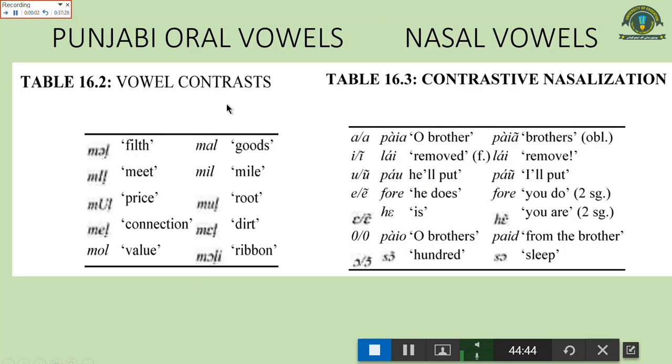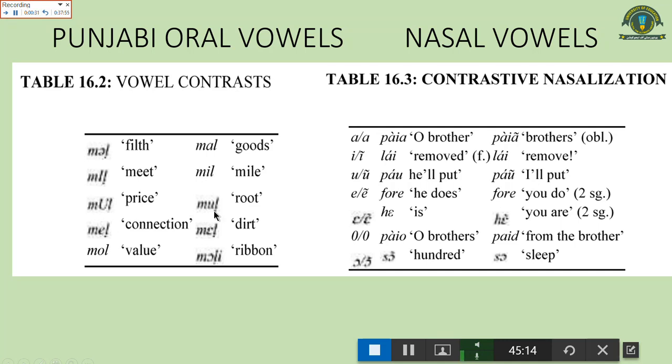Now vowels, vowel contrast, they have been given here in contrast. So it's like mel and mal. You can see the English translations are given here. Then mil and mil, as in mile, and then mul and mul.